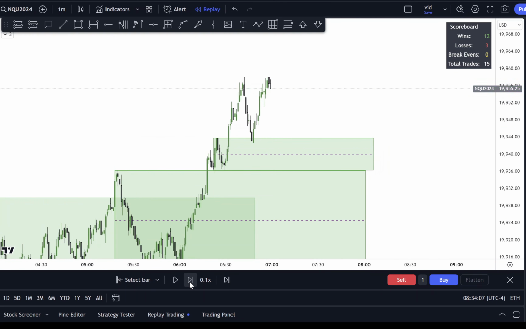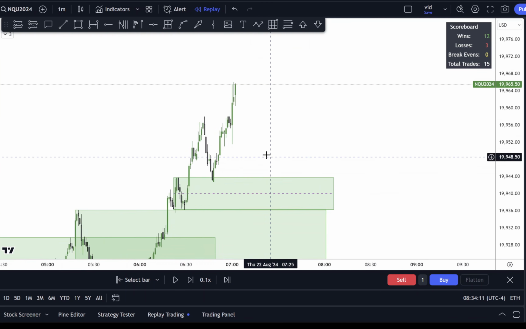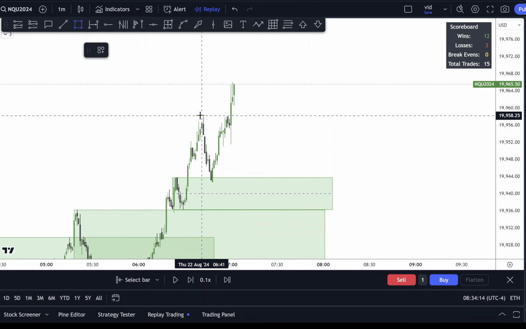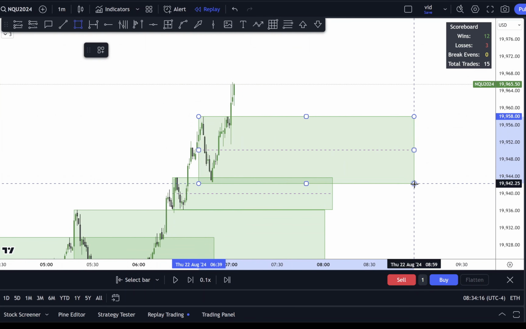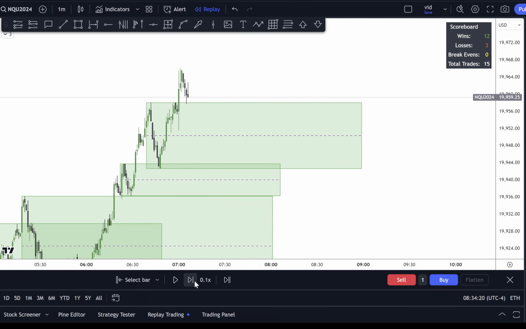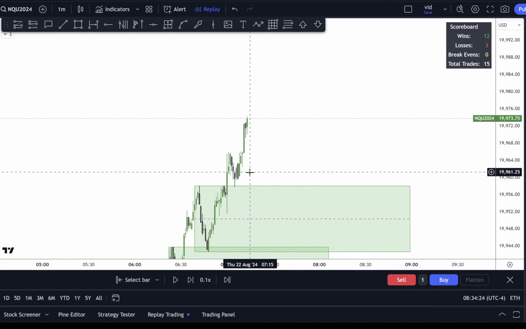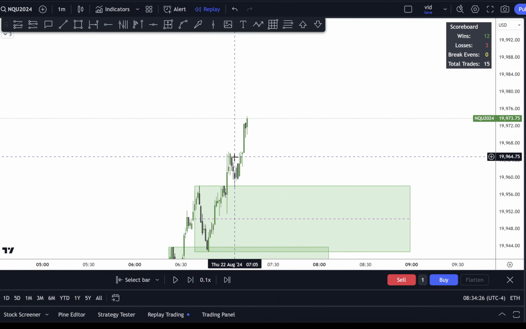Okay, so right, they just golden bulleted it, and they are still trending now. New bullish zone, right? So again, was it a valid pullback?